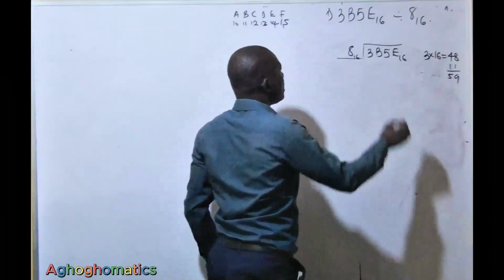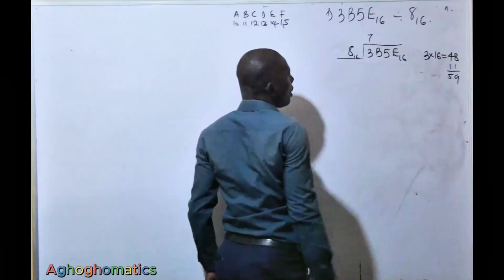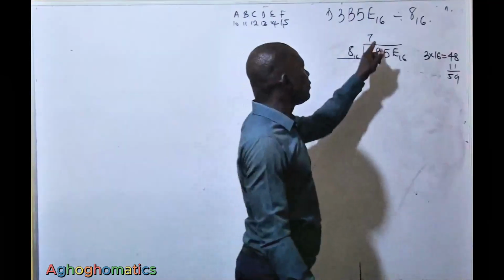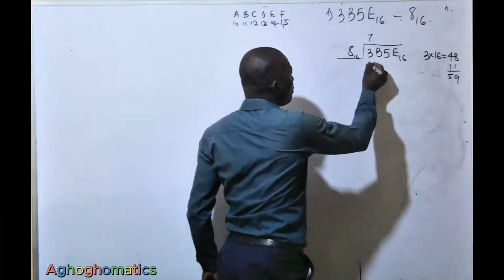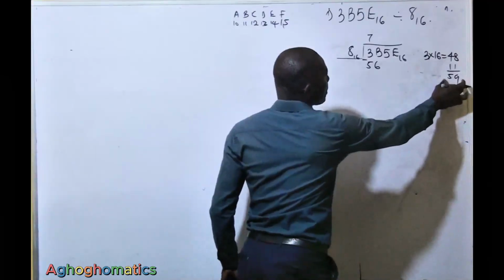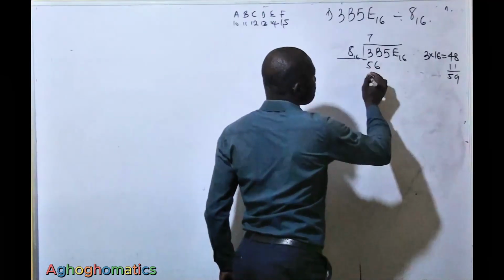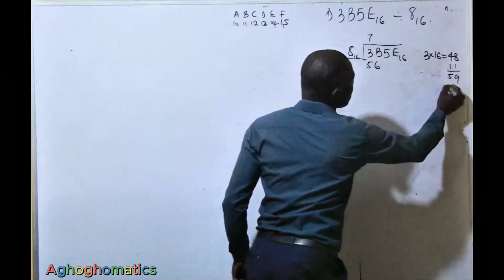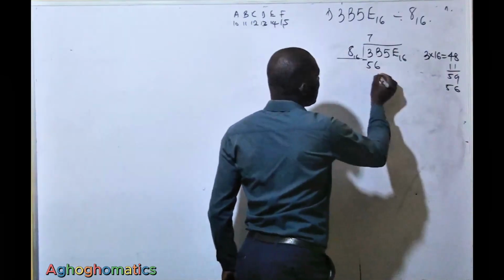It's definitely going to be 7, giving 56. If we subtract 56 from 59, that gives us 3.